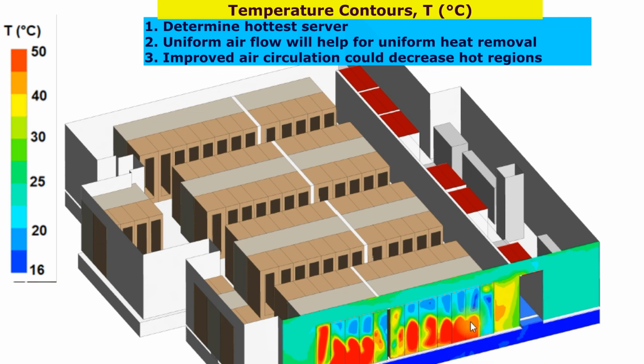For this data center, maximum temperature is around 50 degrees Celsius. Lower temperature is at the bottom floor. It is the raised floor. Here you can see the middle racks which have very high temperature.